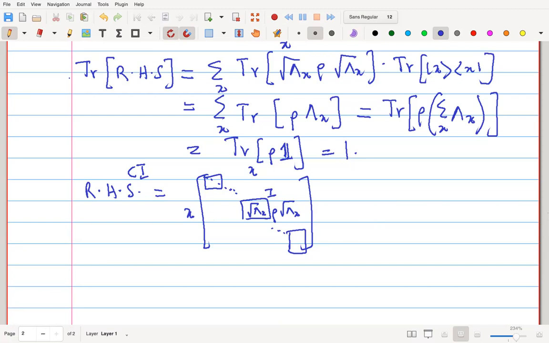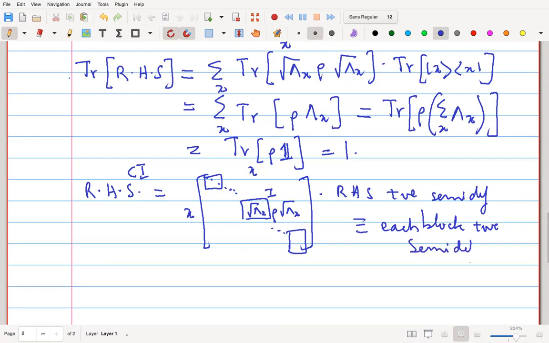So RHS positive semi-definite is equal to saying each block is positive semi-definite.